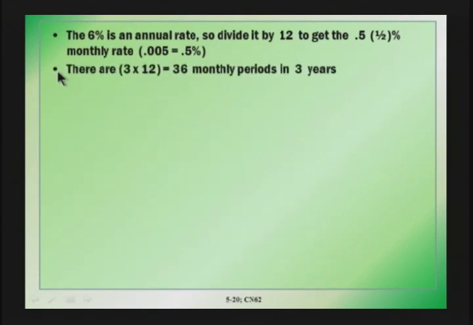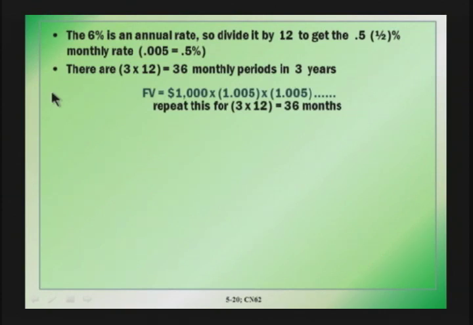That rate gets applied over the 3-year time period, but interest gets paid on a monthly basis 12 times per year. So over the 3 years, there are 36 monthly periods or 36 times in which I'll be paid interest. So my future value will be calculated like this.